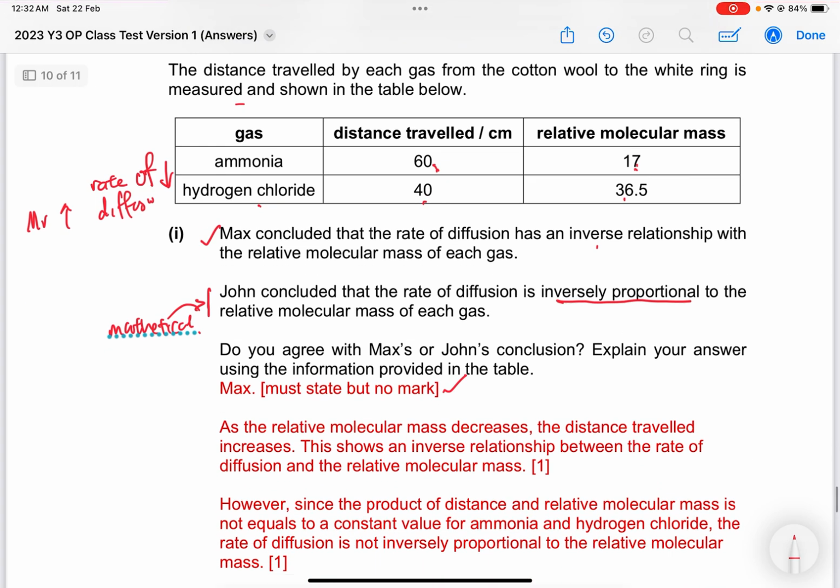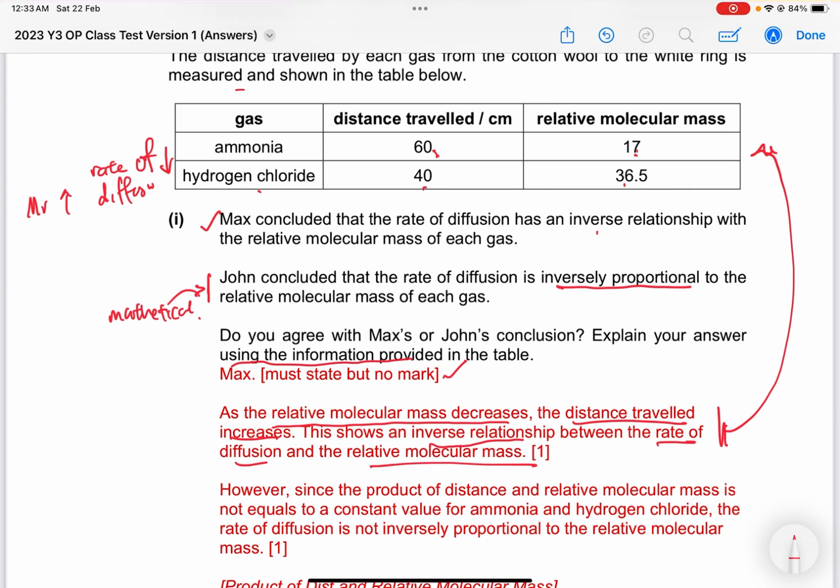Explain answer, because as the relative molecular mass decreases, distance travelled increases. Okay, this shows that inverse relationship between the rate of diffusion and the relative molecular mass. Okay, so must quote the data from here, so take note. Okay, because they said using the information.